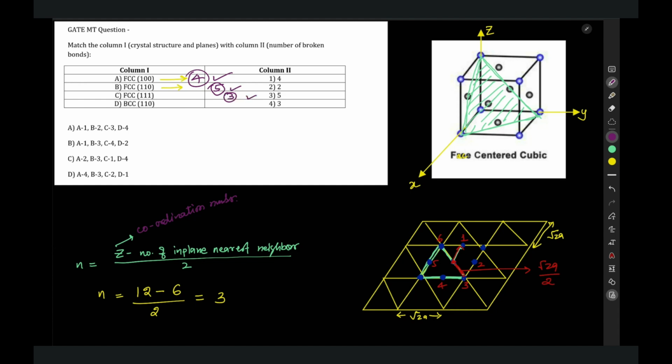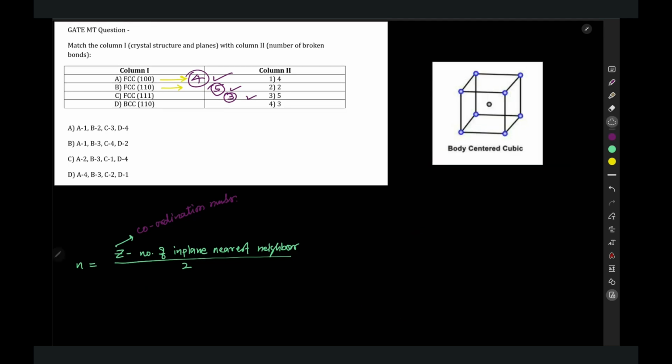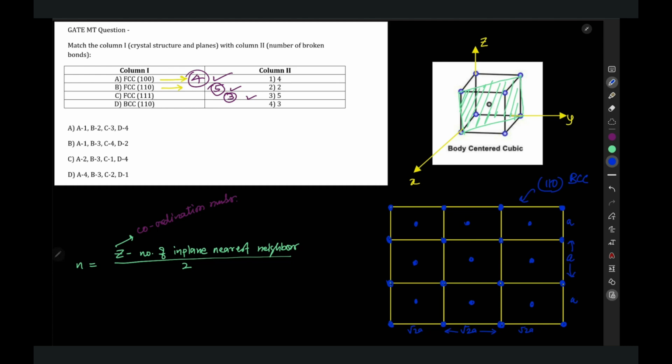Now we will calculate the number of broken bonds for option D. For option D, the structure is body-centered cubic. The plane in this case is 110. So the 110 plane is this one. After drawing this plane separately, you will get this, the 110 plane of BCC.